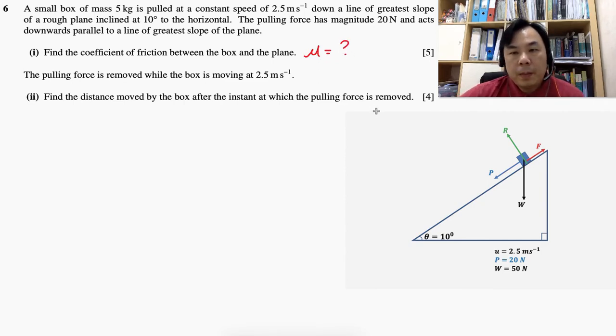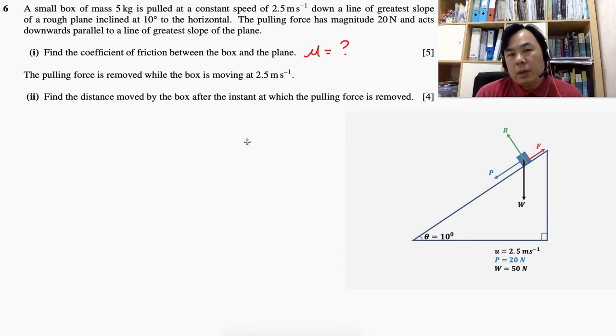Okay, all right. Now let me show you how that would look like. Now before that, the second part, the pulling force is removed while the box is moving at 2.5 meters per second. All right. So while it's moving, the pulling force has been removed, but the friction will still be there. So we need to find the distance moved by the box after the instant at which the pulling force is removed.